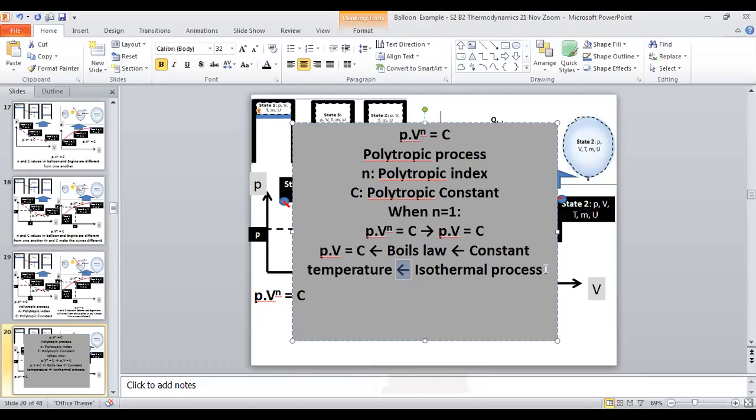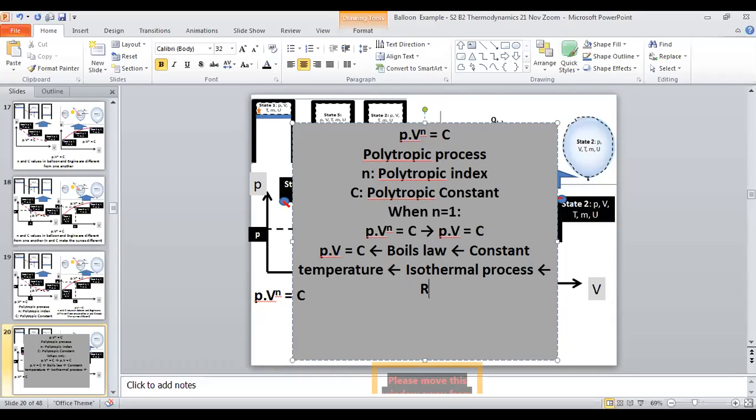You know that these isothermal processes are relevant only for gases, not for liquids. So the working fluid is a gas.